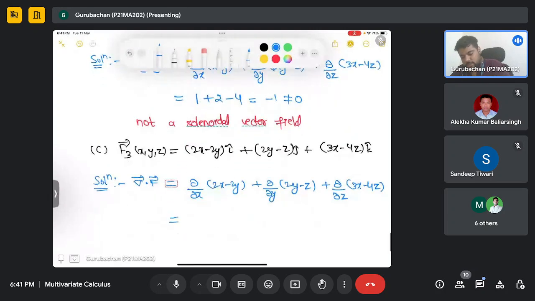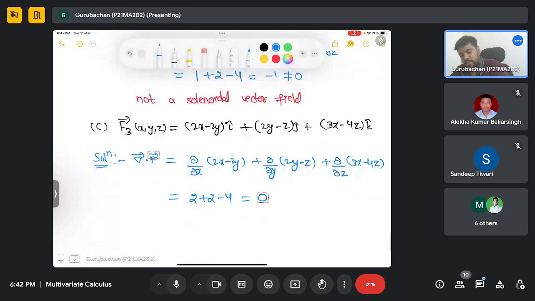So this will give us 2 plus 2 minus 4, which is 0. So that means F3 is a solenoidal vector field.